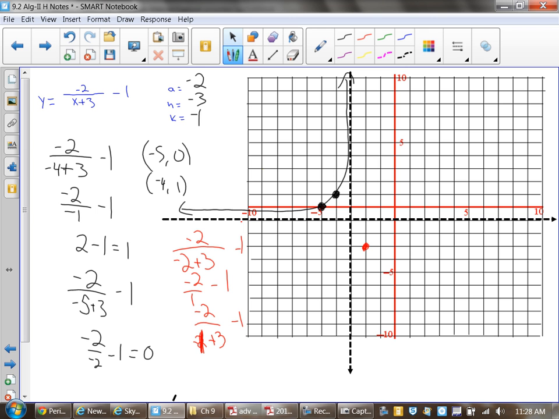And -2 over 3 minus 1, or excuse me, -2 over 4, so it's -1/2. Minus 1 is negative. So again, we're doing that. Wait, should that be -1?